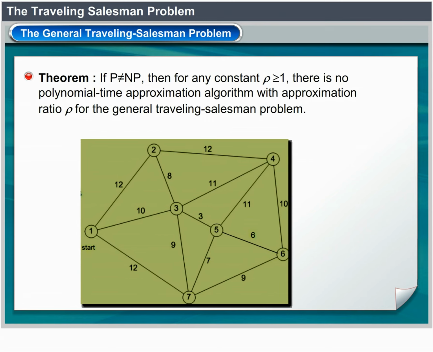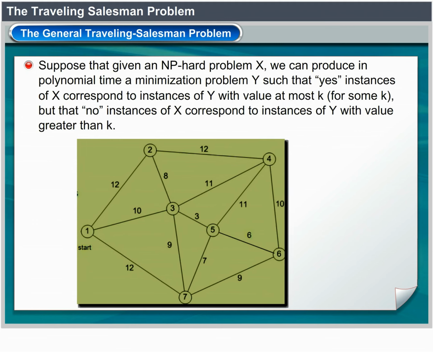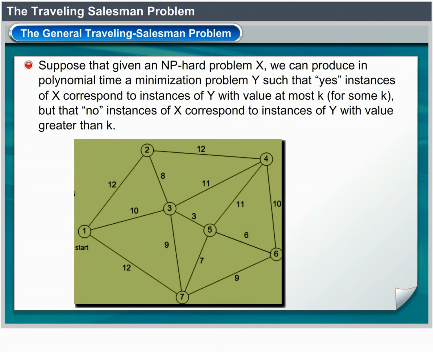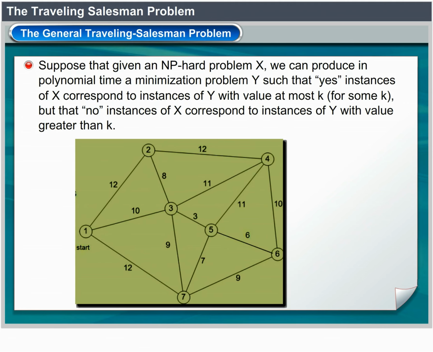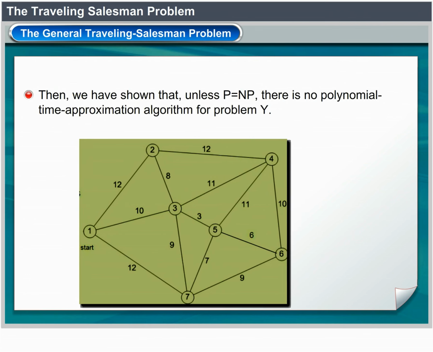Suppose that given an NP-hard problem X, we can produce in polynomial time a minimization problem Y such that yes instances of X correspond to instances of Y with value at most k for some k, but that no instances of X correspond to instances of Y with value greater than k. Then we have shown that unless P equals NP, there is no polynomial time approximation algorithm for problem Y.